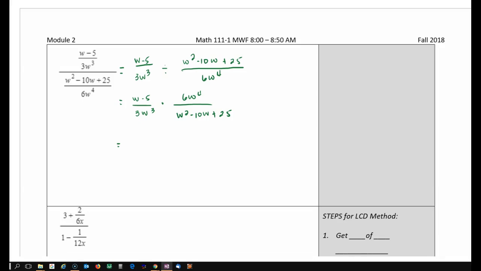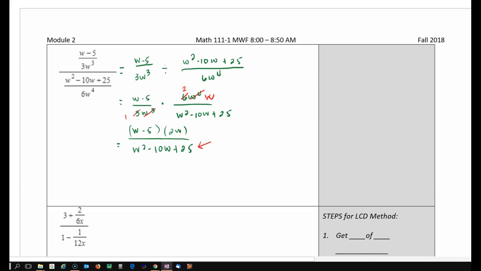You can do it earlier, not necessarily the last step, because as you can see, we can already cancel 3 and 6 here. W cubed over w to the 4 gives us just w. So this becomes w minus 5, 2w, and w squared minus 10w plus 25.